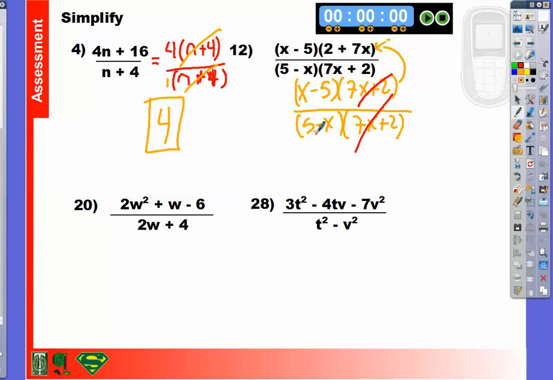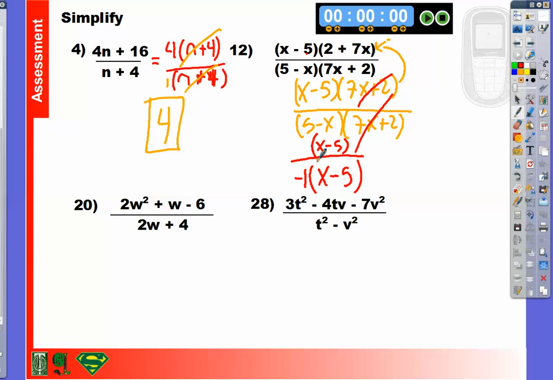So if I factor out a negative 1, 5 divided by negative 1 is negative 5. Ah, look at this, folks. Negative x divided by negative 1 is positive x. I still have my x minus 5 in the numerator. Now what can I do?